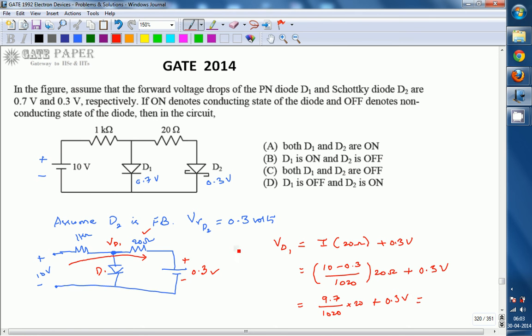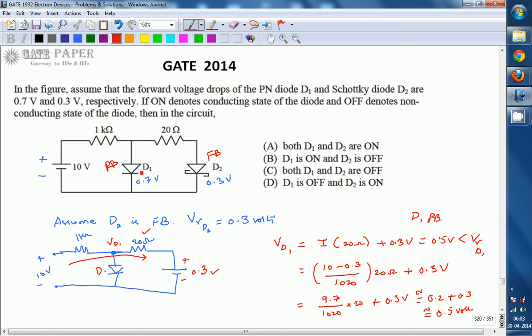This product is around 0.2 volts, so VD1 is around 0.2 volts plus 0.3 volts, which is approximately 0.5 volts. Since the VD1 we get is 0.5 volts, which is less than V gamma of D1, D1 is reverse biased. So the answer to this question is that D1 is reverse biased and D2 is forward biased.